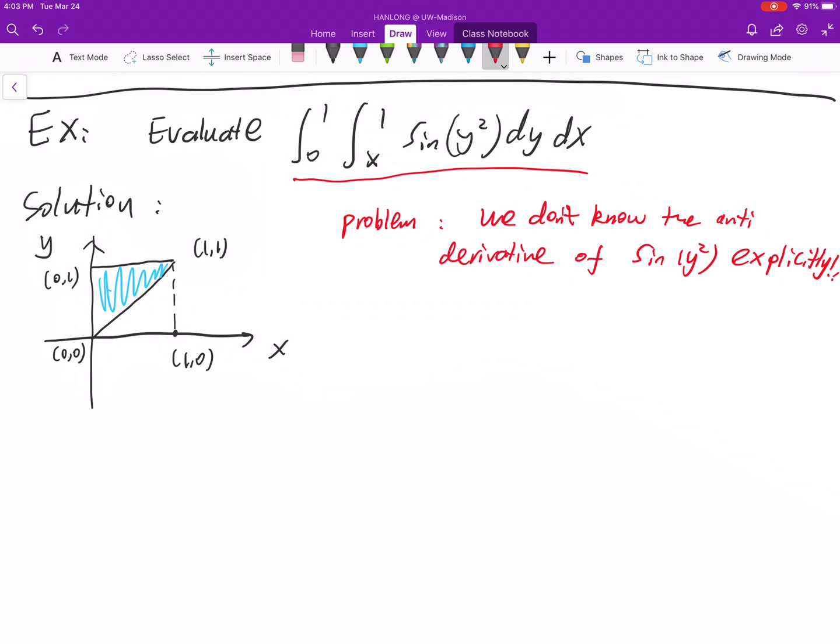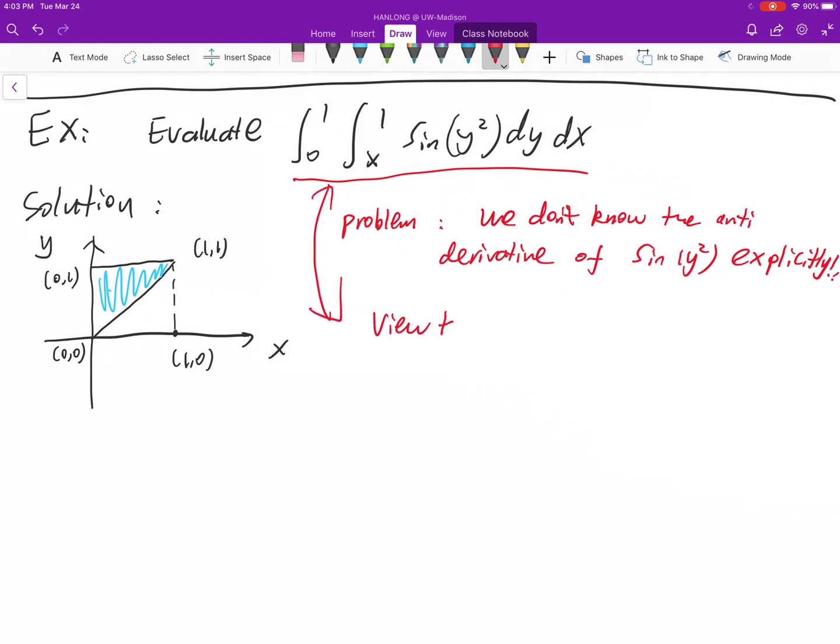Okay, then how to calculate this? Later on, if you learn some complex analysis, then probably you may have other ways to do definite integrals by computing the residue. But here we introduce some tricky method.